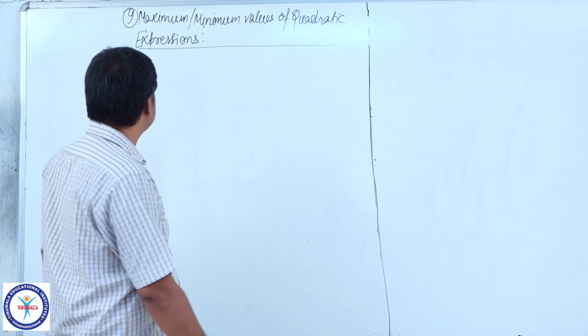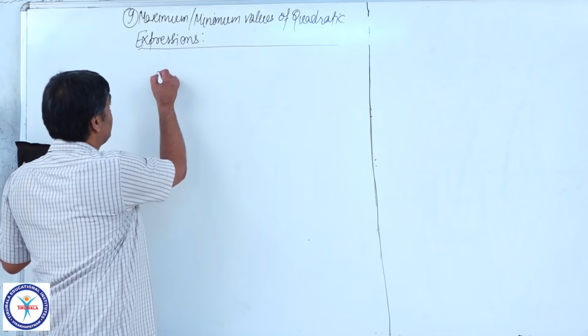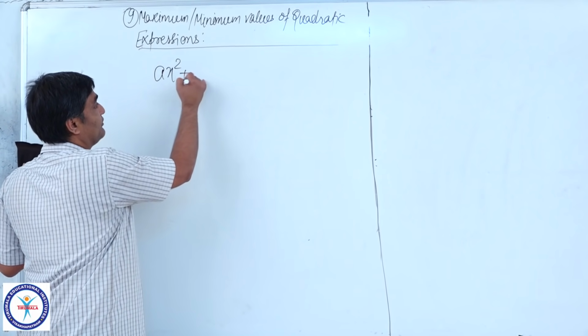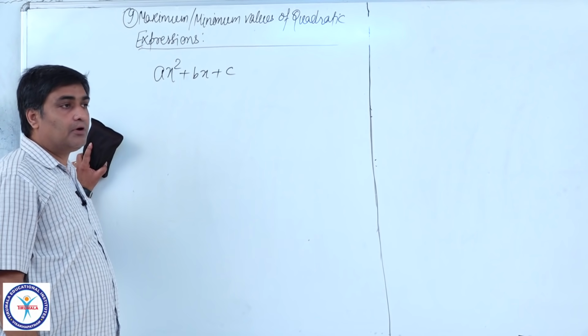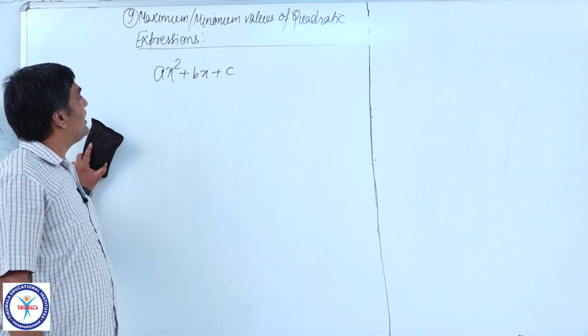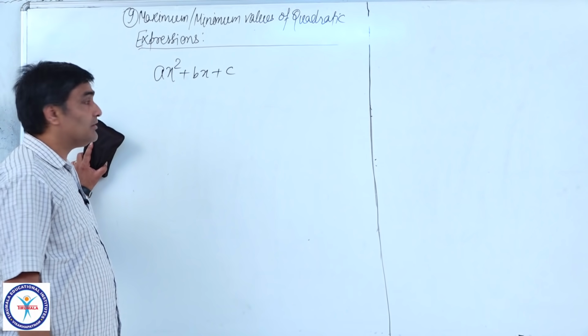Let us see. See, the quadratic expression is ax square plus bx plus c, general form. Now, we will try to make a perfect square.